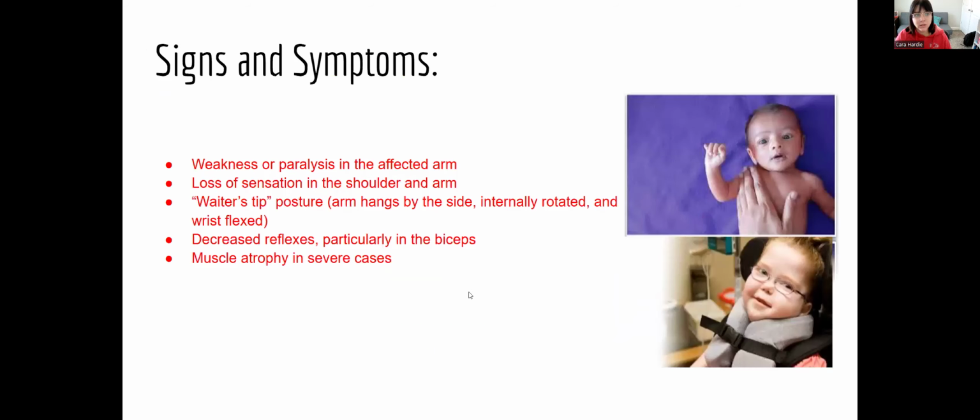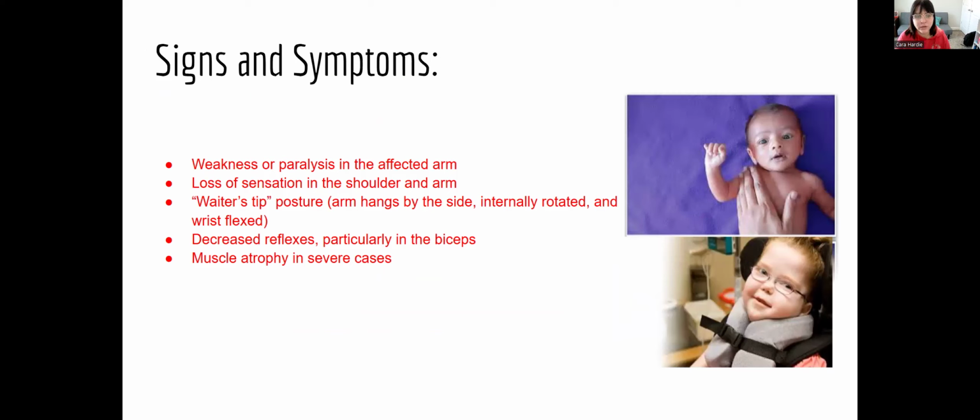So yes. For signs and symptoms, you're going to have weakness or being paralyzed in the affected arm. You're going to have loss of sensation in the shoulder and arm. You're going to have a waiter's tip posture, which is when your arm hangs to the side, internally rotated and wrist flexed. I showed that on the first diagram.